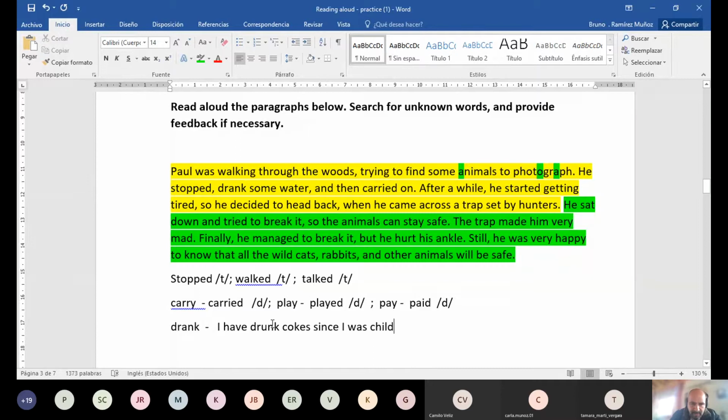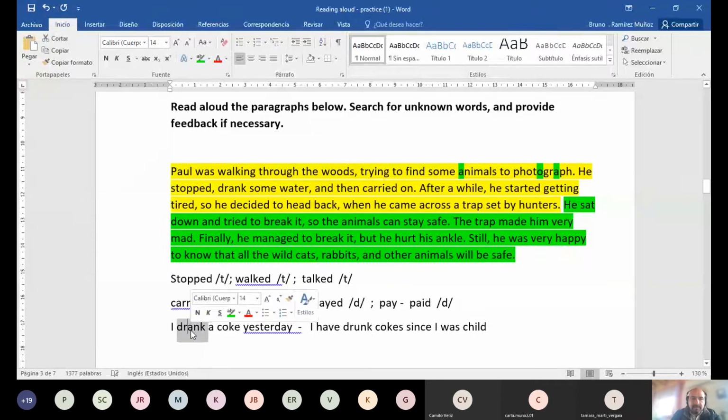I have drunk. This is the participle, so that should be a wedge. And I drank a Coke yesterday. That would be a trap. Okay, so we have to make a difference here and try to exaggerate this sound.